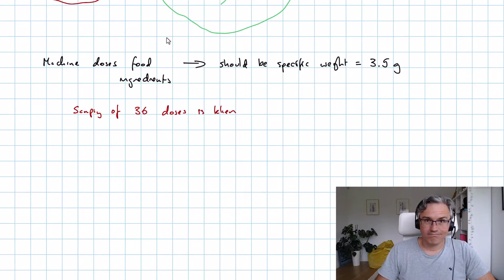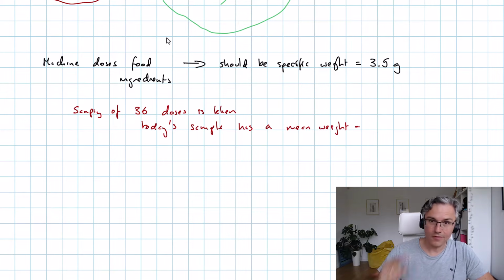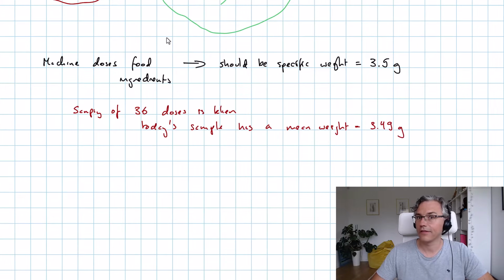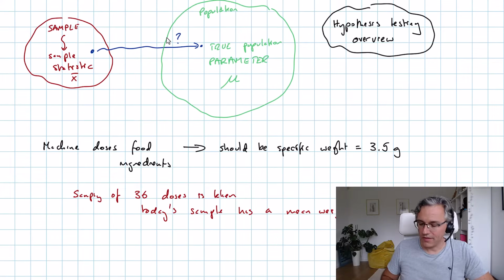And today's sample reveals a mean weight, so has a mean average weight equal not to the desired 3.5 but 3.49 grams, so a little below the target of 3.5. Right, this is going to be an example of our sample statistic.